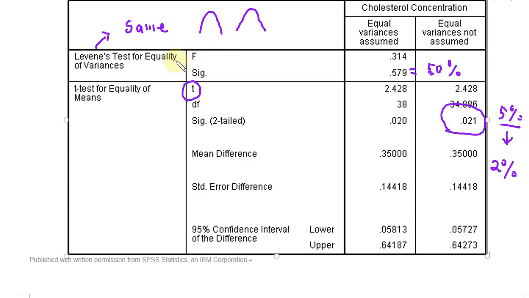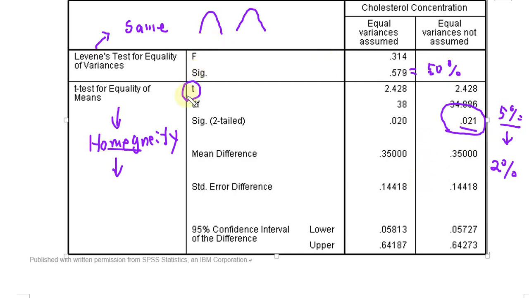Once the data is homogeneous, you can use this data. So, as the Levene's test is accepted, your T-test hypothesis is accepted. Understand this one?